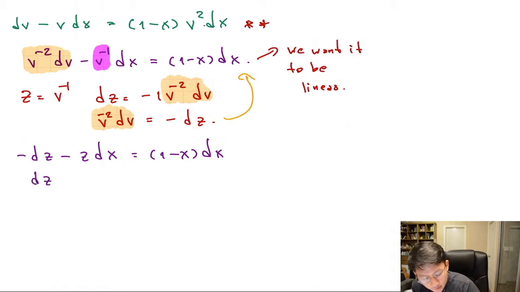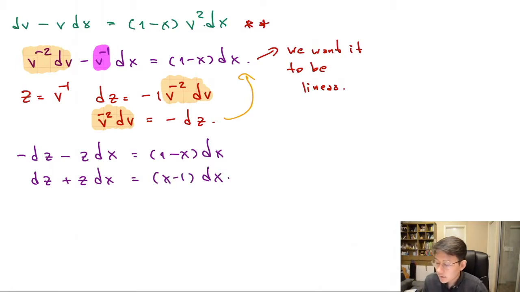So I get dz plus z dx equals 1 minus x dx. Can I change it to x minus 1 dx? And then guys, this becomes linear as we want it, right?